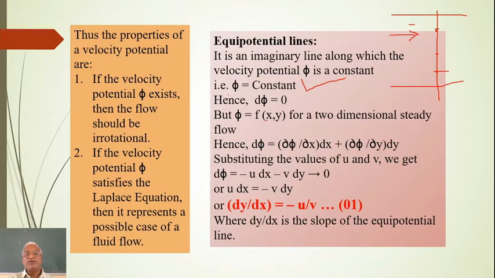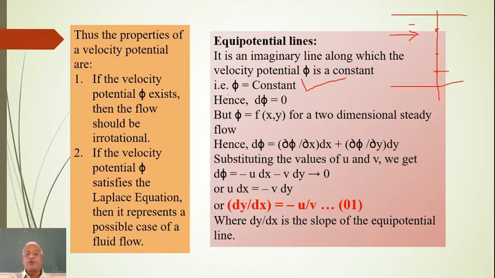But phi is a function of x and y and also z, but in two-dimensional steady flow it is x and y. Hence d phi will be written as dou phi by dou x into dx, because of the chain rule, plus dou phi by dou y into dy.